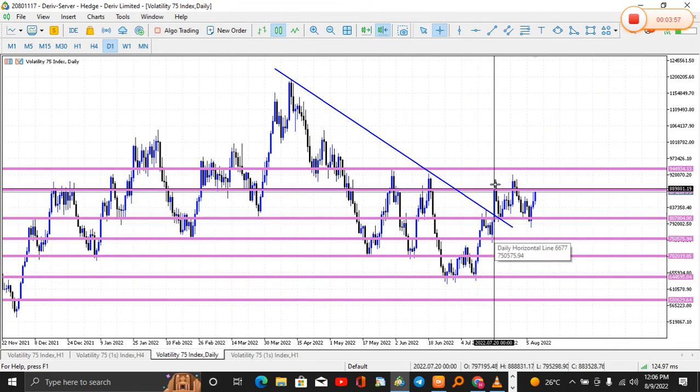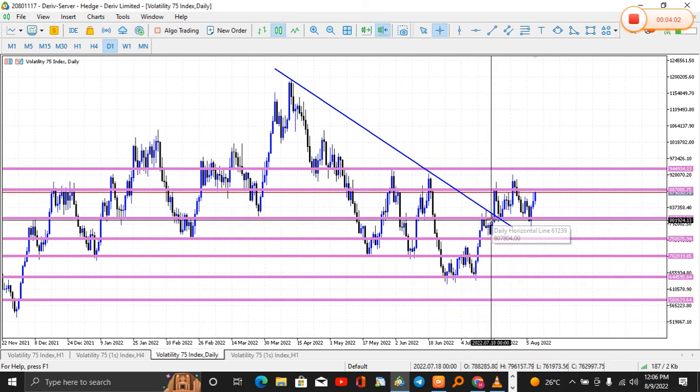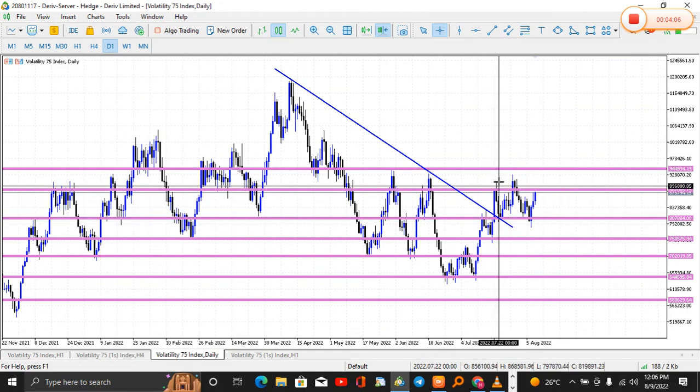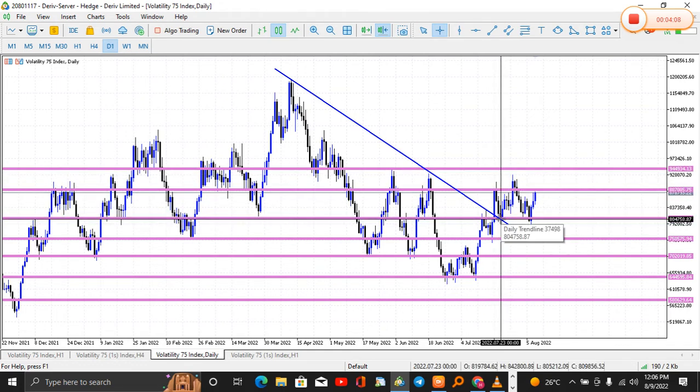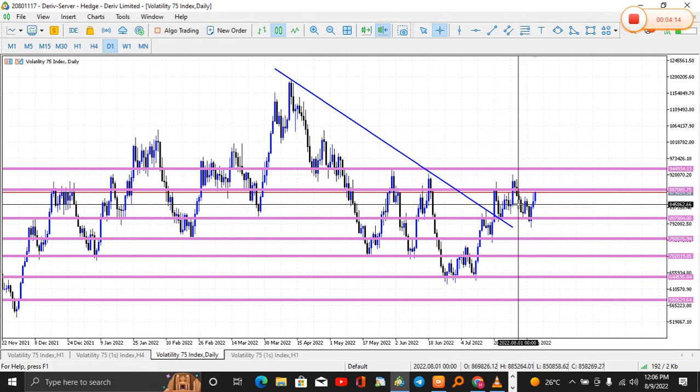This broken high, the market came back and retested it and it became a higher low. That is a clear indicator that the market reversed or changed the trend.